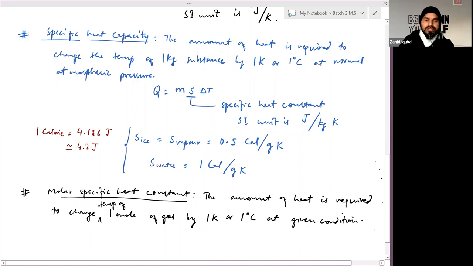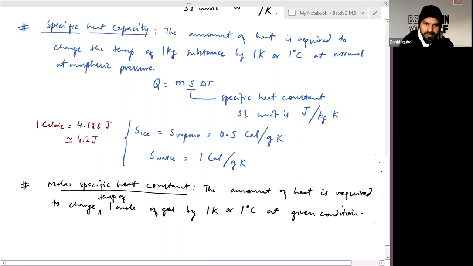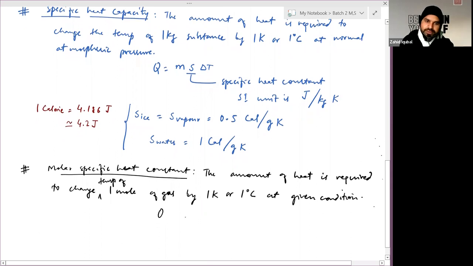I will define to you in thermodynamics the various conditions on which this molar specific heat constant may depend. So Q equals nC times delta T. So this C is called molar specific heat constant or capacity.